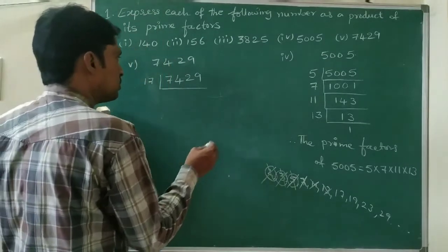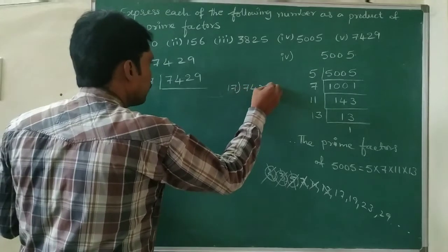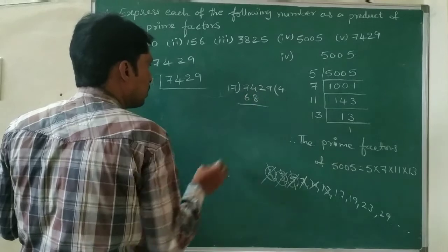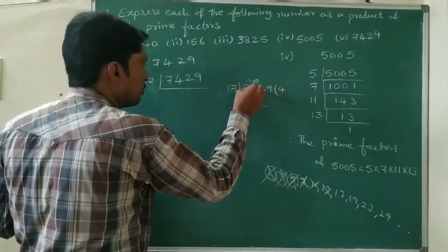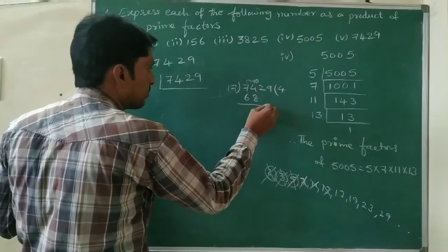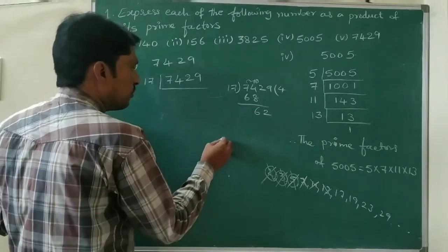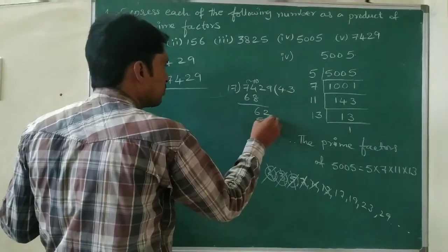Now 17 table we can check it. So 17, 74, 29. 17 4s are 68. Now we have to subtract. That is here 14. 14 minus 8 is 6. This 2 you have to take here. 17 3s are 51.